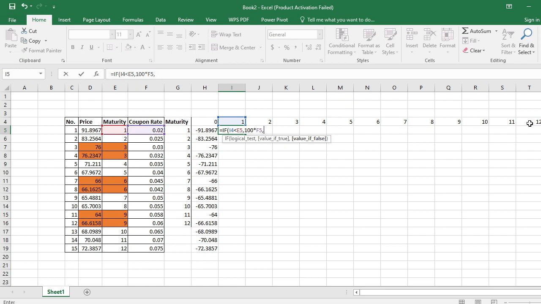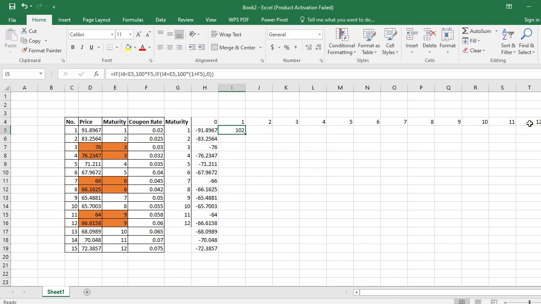If not, and this is equal to this, then the value should be 100 times 1 plus this coupon, and the decimal should be 0 if it's false.